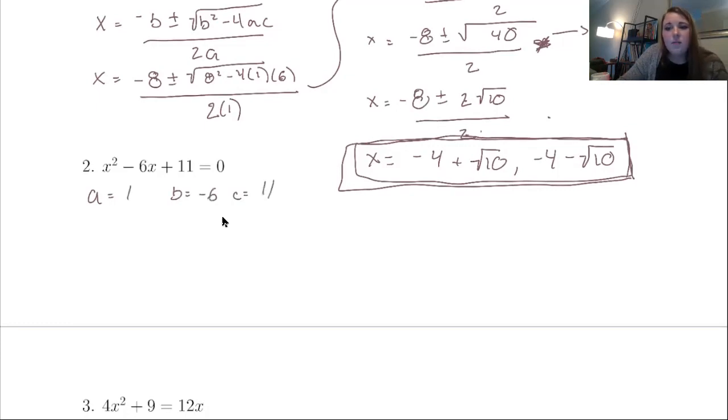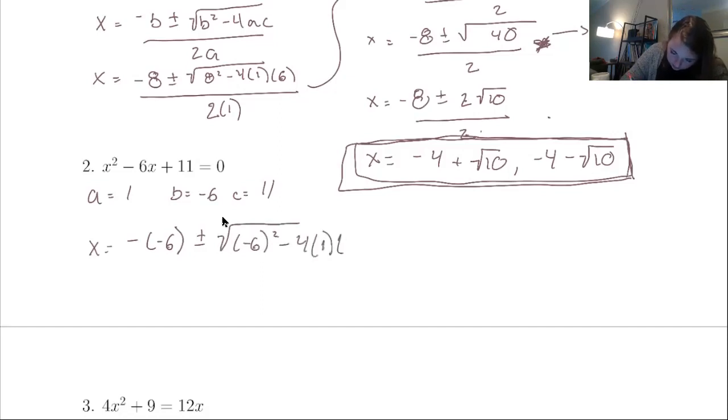That negative is so important because, right, I'm writing negative b. So negative 6 plus or minus the square root of negative 6 squared minus 4 times 1 times 11, all over 2 times 1, right?